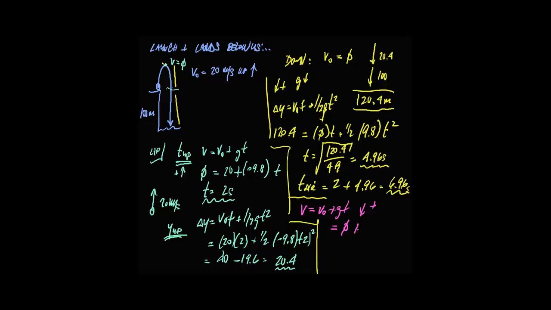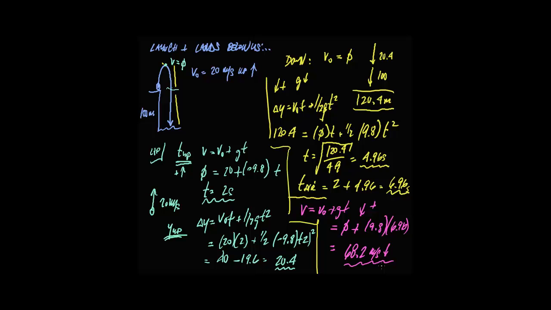Initial velocity is 0 plus gravity, 9.8, for 6.96 seconds. That comes out to 68.2 meters per second, obviously downward because we're picking that direction. That tells us how fast it will hit.